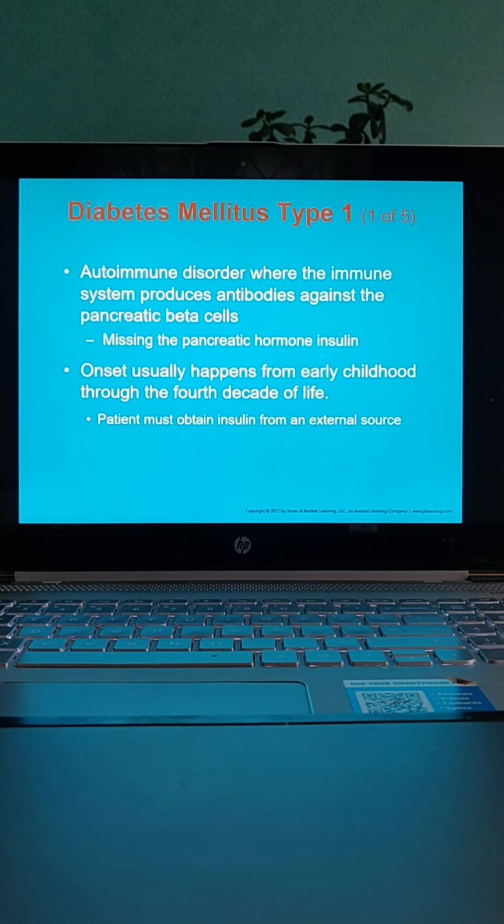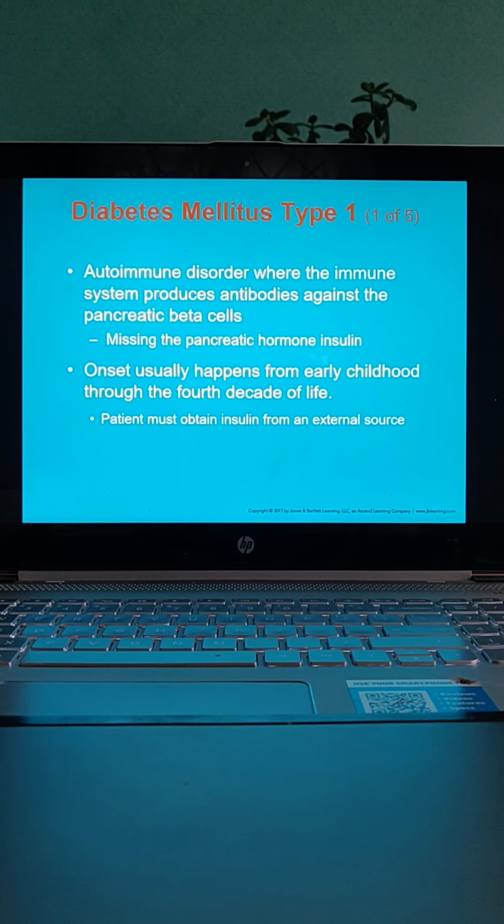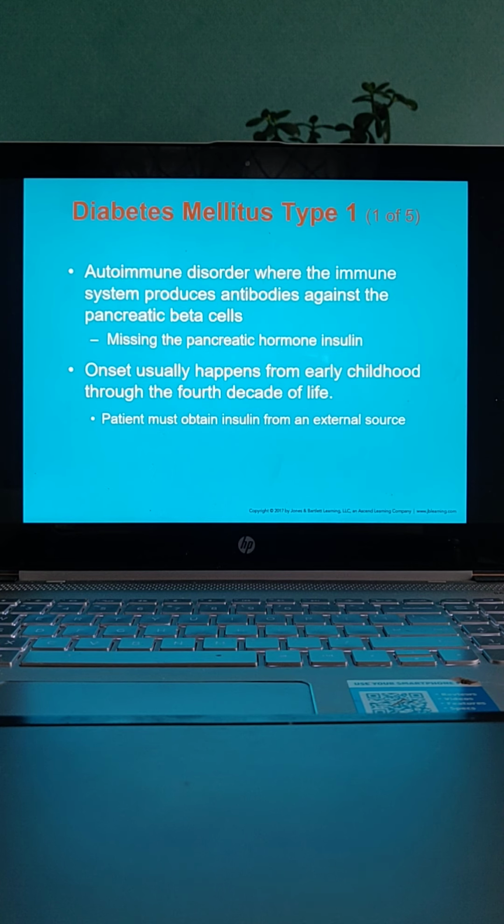Insulin is the hormone that unlocks the cells so the glucose can get inside of them. So if the beta cells are not allowing the glucose to get into the cell, that means you're going to have low blood sugar. Okay, missing the pancreatic hormone insulin.